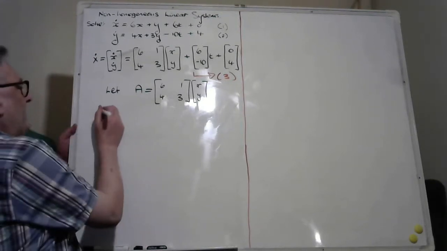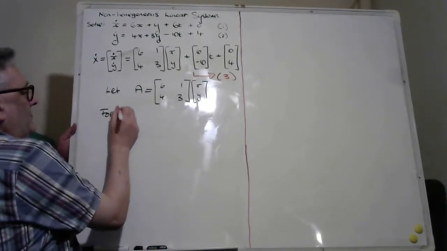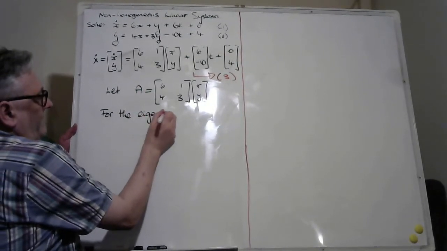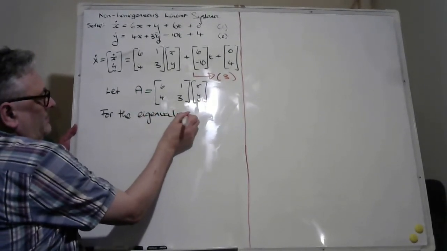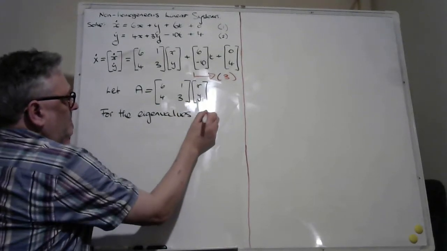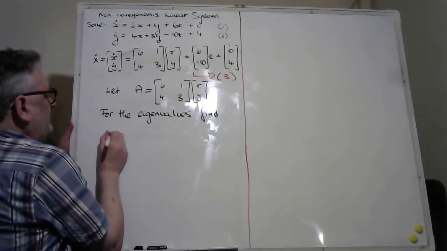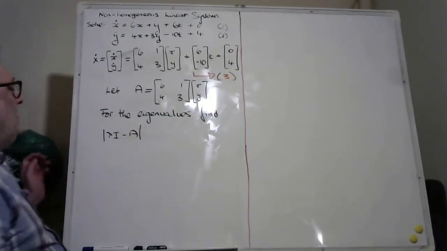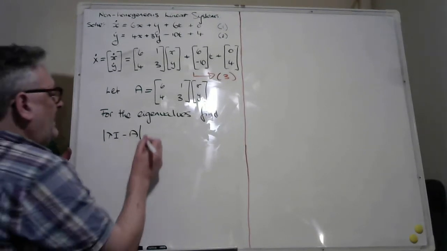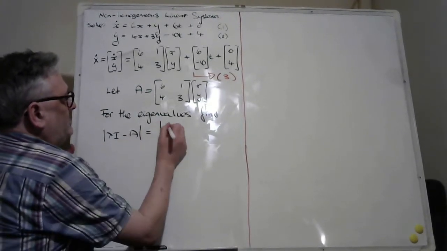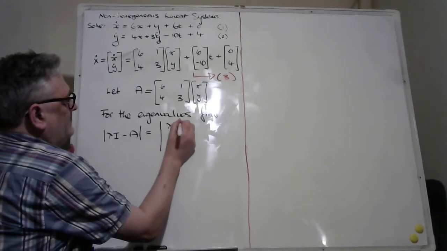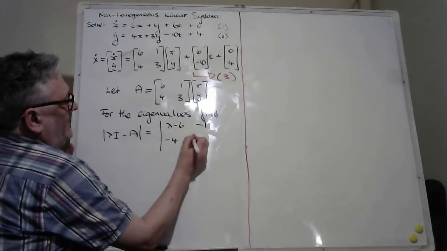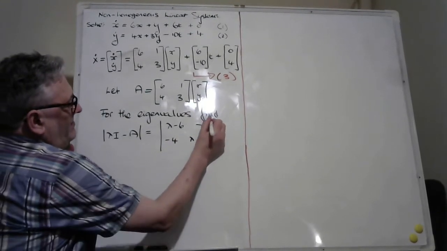Now, for the eigenvalues, we find the determinant of lambda I minus A, which is simply equal to lambda minus 6, minus 1, minus 4, lambda minus 3.